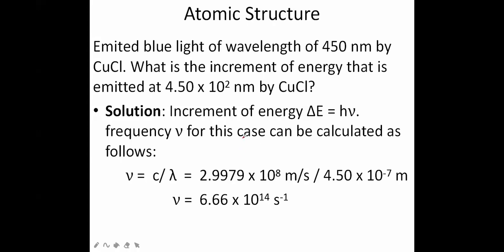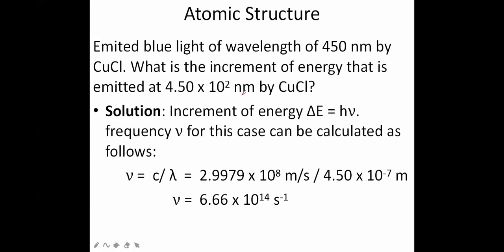Planck's constant we already know, it's a constant. We do not have the frequency, so we bring our formula c is equal to frequency times wavelength. We already have wavelength, we need frequency, and c is a constant. Changing the subject of the formula to v gives v is equal to c over wavelength, with c in meters per second.